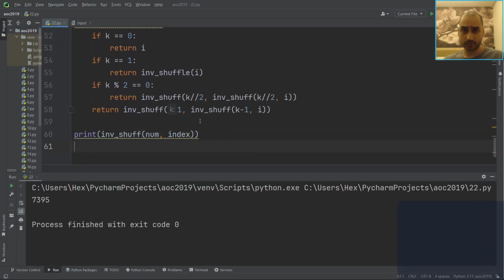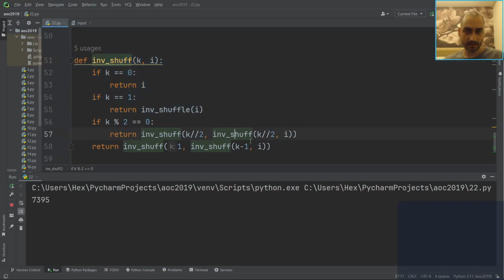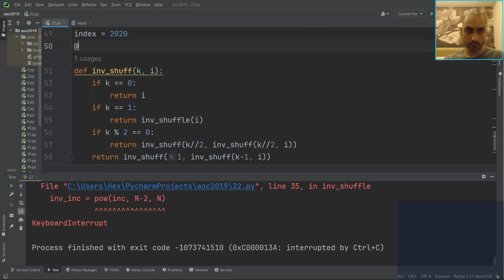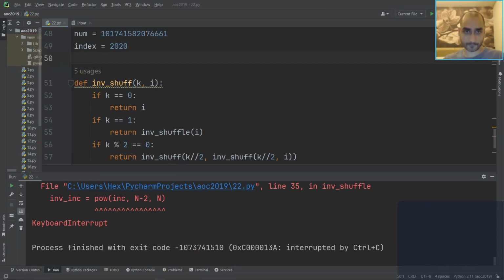Alright, I suspect this will take too long, but that's probably where we need memorization. Because this is not actually speeding up anything, it's just doing every step as before. Okay, now try memorization. Keep forgetting how to do this.